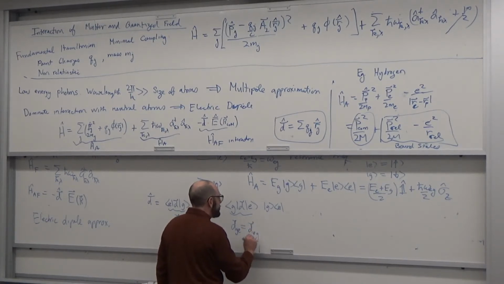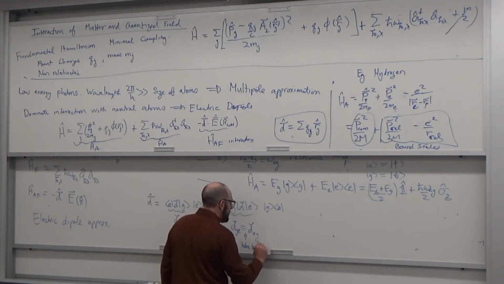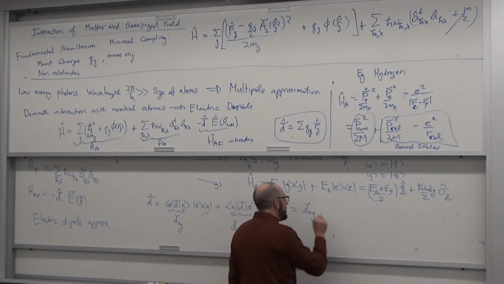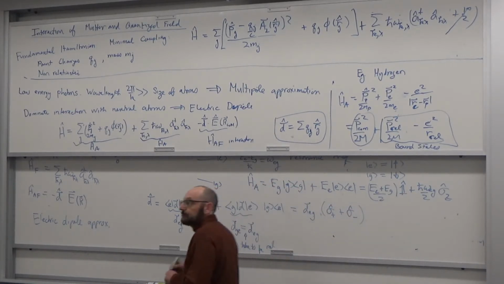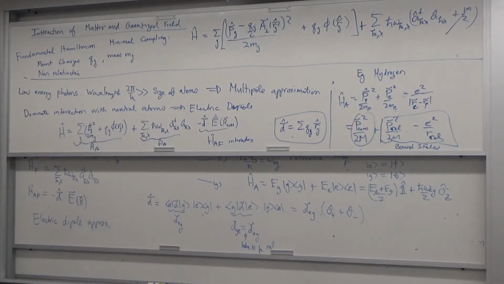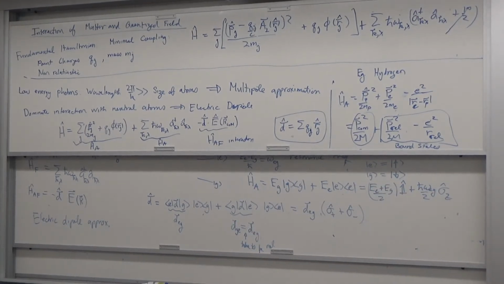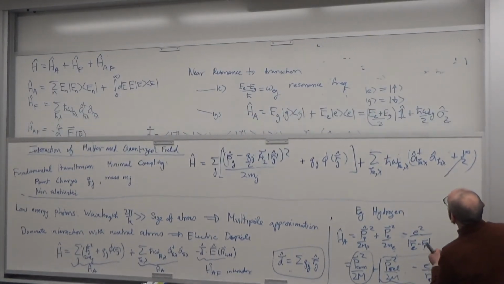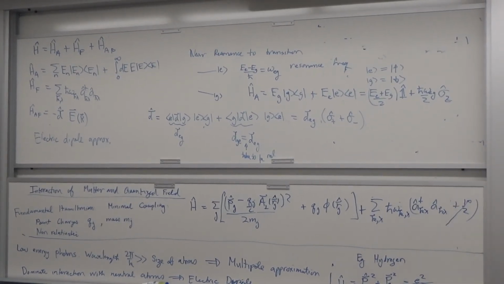We can always do that by a choice of phase of the wave functions. And so this becomes the vector DEG, sigma plus sigma minus. Very good. All right, so now let's look at the interaction Hamiltonian.